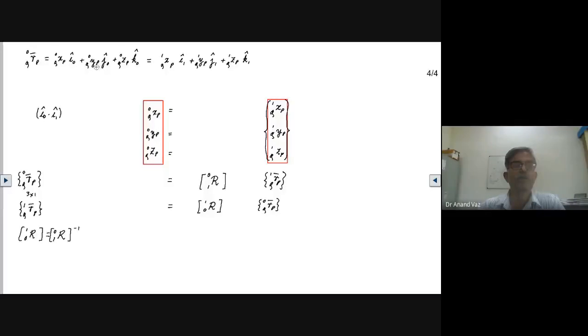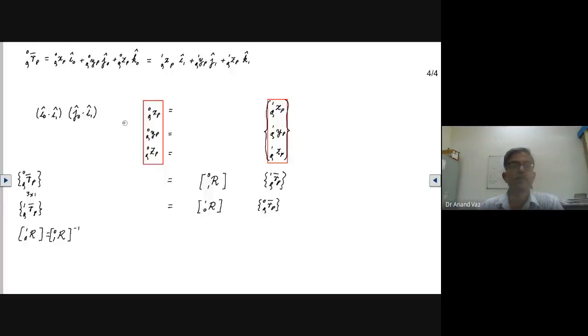Here also we have to take the dot product with I naught, so this will become J naught dot I1, multiplied by this element.